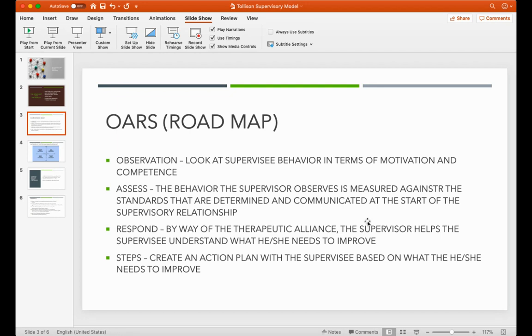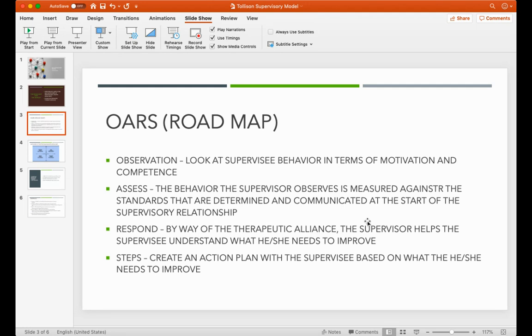So, OR stands for observation, assess, respond, and steps. And there is so much overlap in these steps of CBT, and we'll talk about that intermittently throughout the presentation. Observation looks at the supervisee's behavior in terms of motivation and competence.